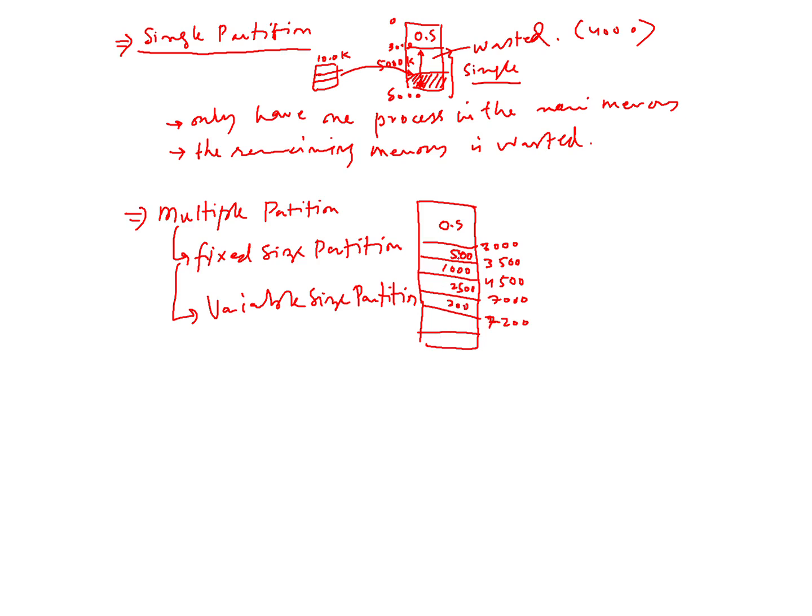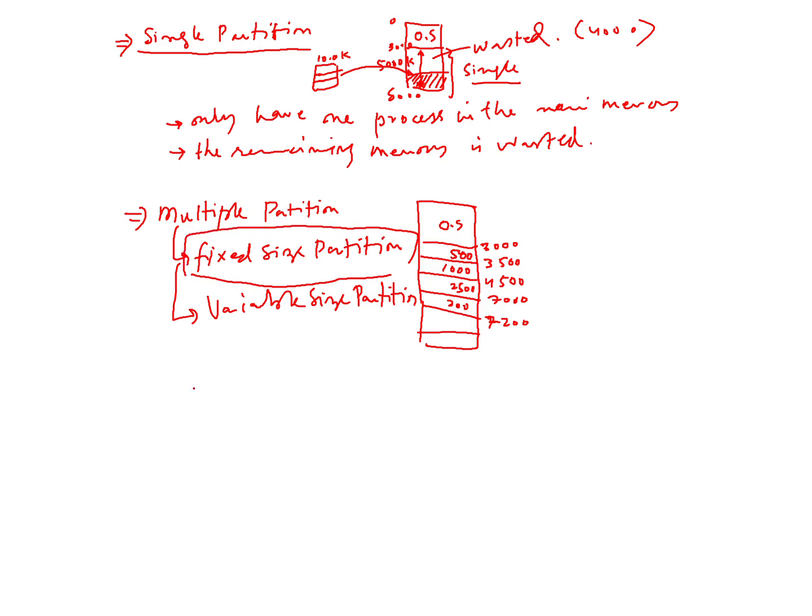So we can have variable lengths of partitions, but the partition size is fixed here, right? For example, we can also have a 500K partition. Of all these partitions in the main memory, the sizes can be different, but each should be fixed. Once this is fixed, you have to fit all the processes within this partition limit.